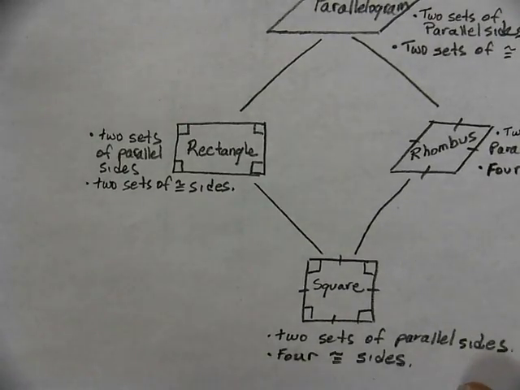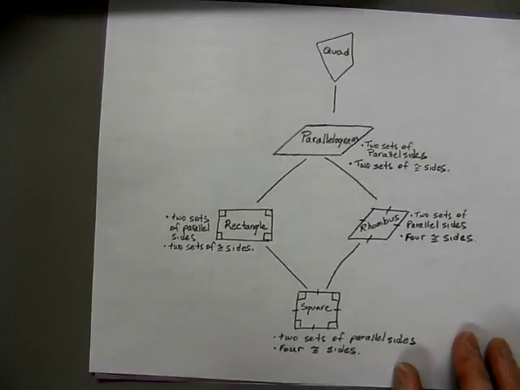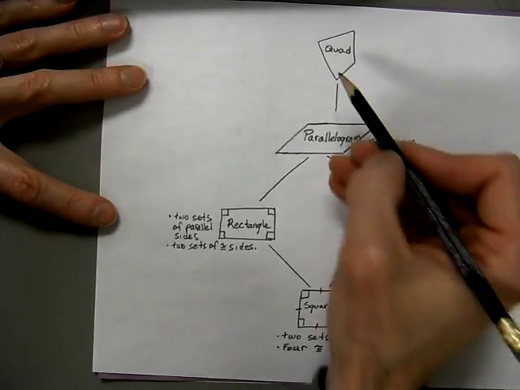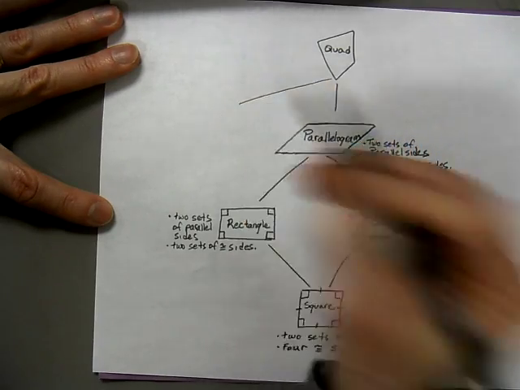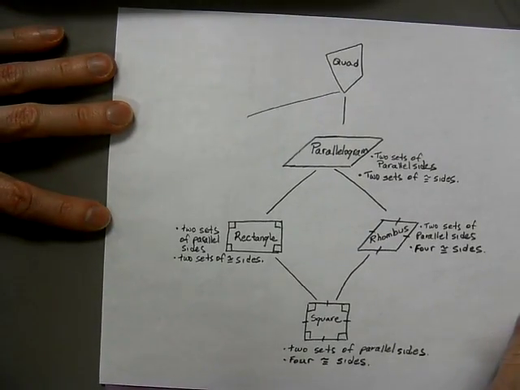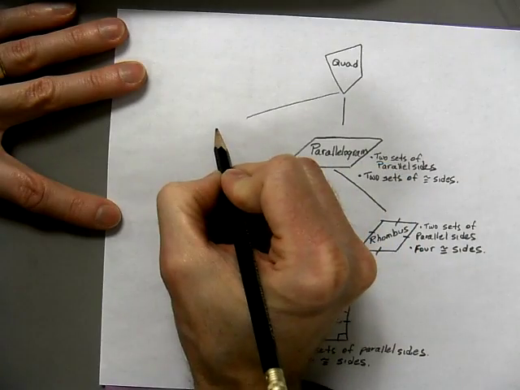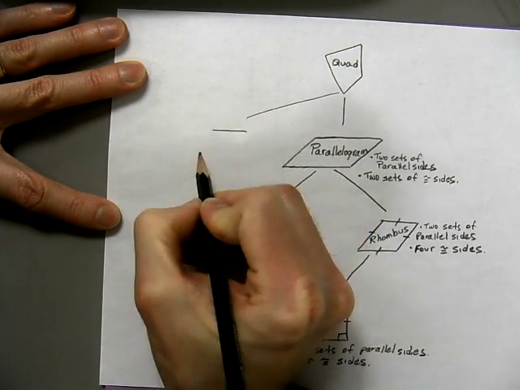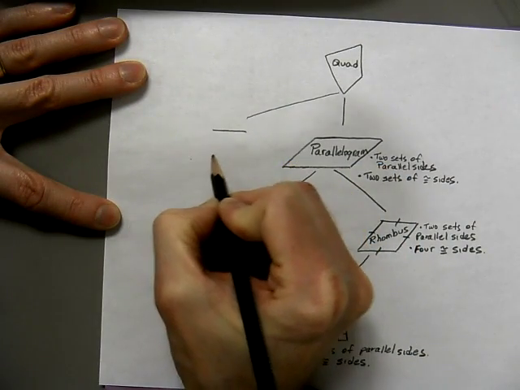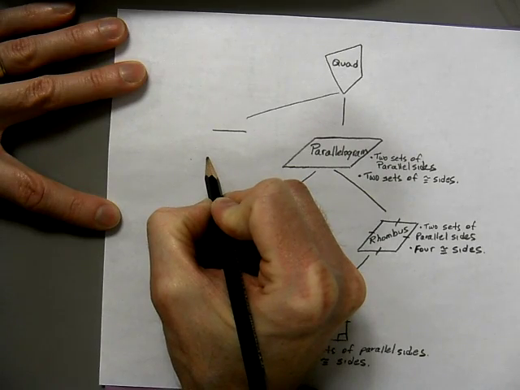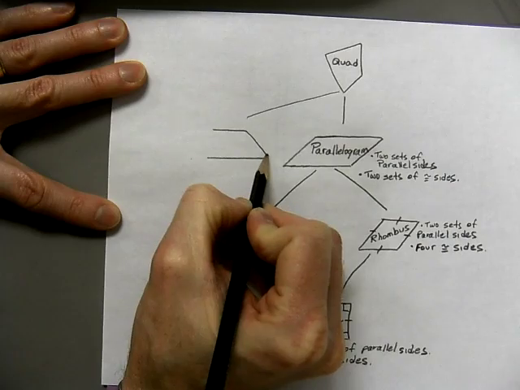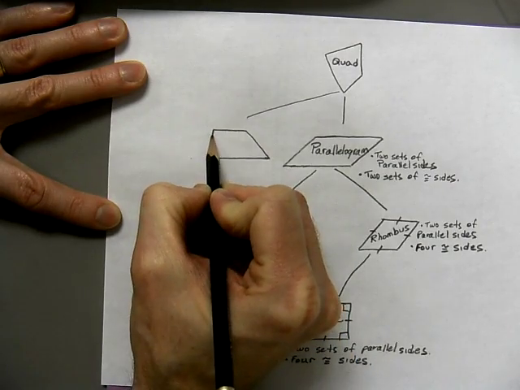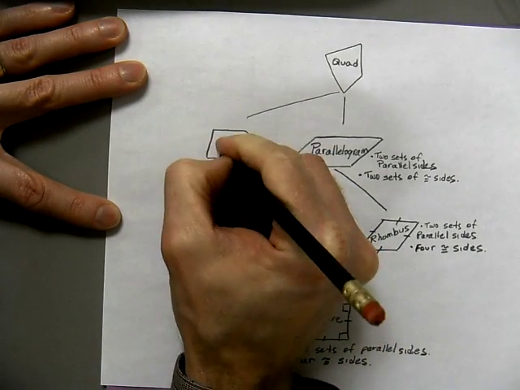Now we have a couple other shapes that we could talk about. If you're a quadrilateral, you could come over here. It's not a parallelogram, but we could be a trapezoid.